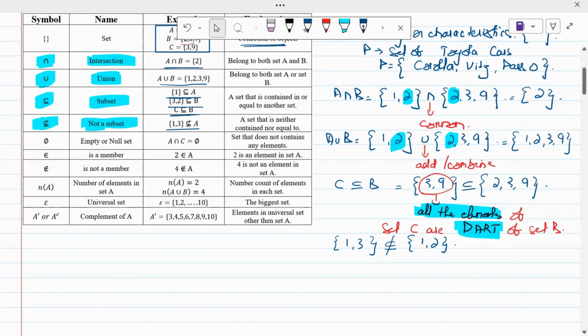I can say Sindh is a subset of Pakistan, but I cannot say that Sindh is a subset of Karachi because Sindh is a bigger set, Karachi is a smaller set. So this is how you represent not a subset.